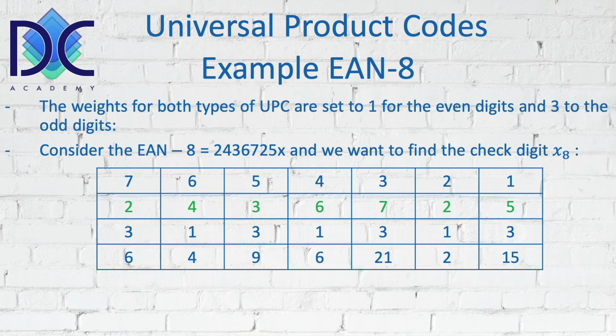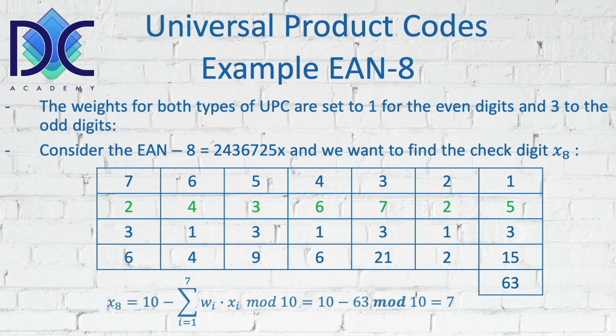So basically what we have here, we take the sum, which is 63, and now when we look at the formula, the x8 is 10 minus the amount here, which is 10 minus 63 modulus 10, which is in fact 7. So we find 7 as the check digit for this solution. 63 modulus 10 is 3, so 10 minus 3 is 7.